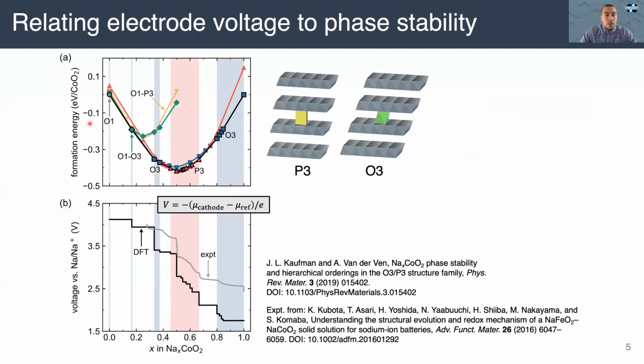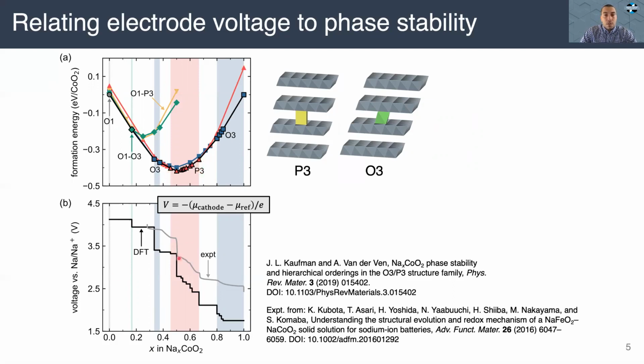So this is the energy versus sodium composition for various phases, some of which are shown here. And then by taking the convex hull or the envelope of lowest energy structures, this gives the equilibrium phase or combination of phases at any concentration.